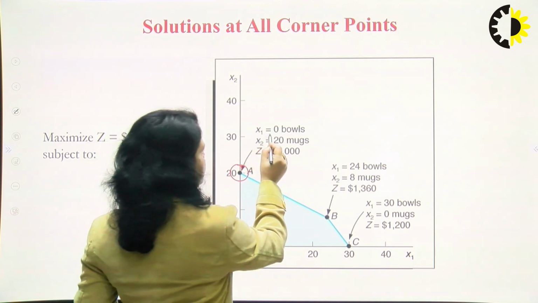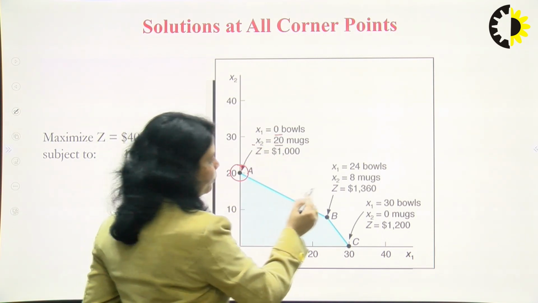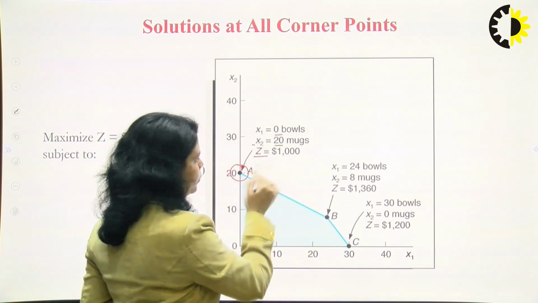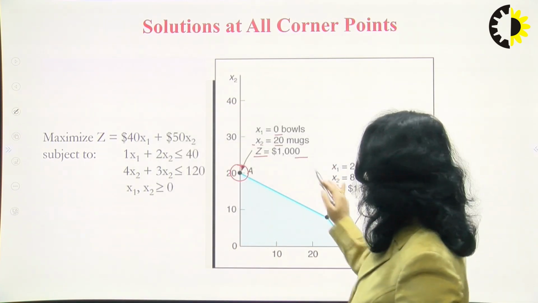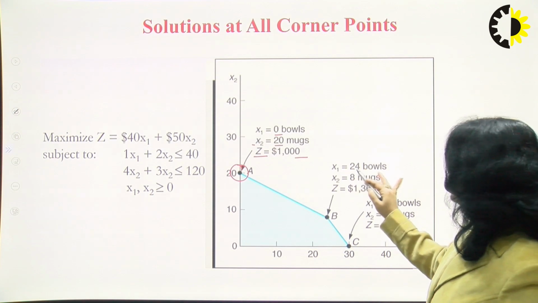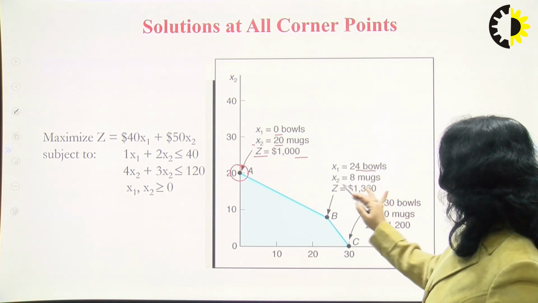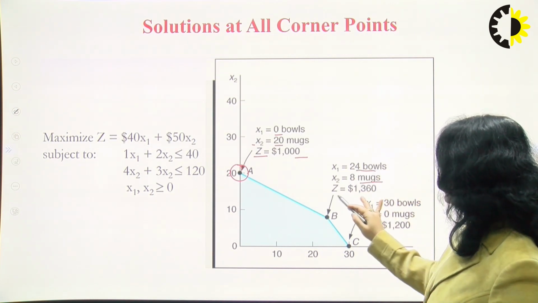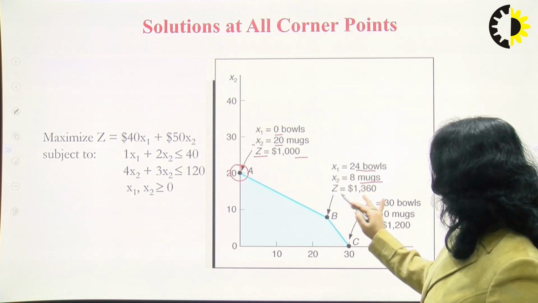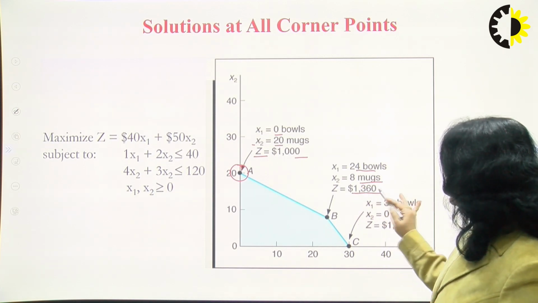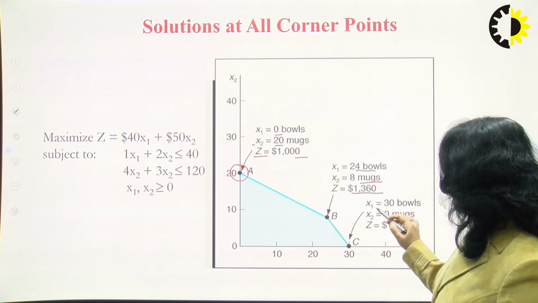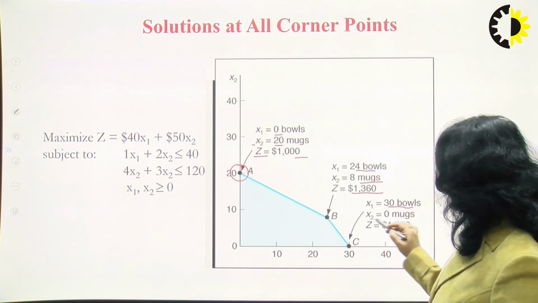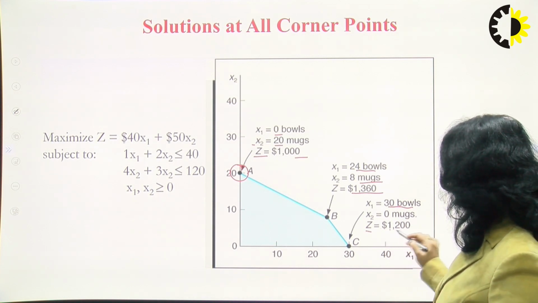Here x1 was 0, x2 was 20, and we get the value of the objective function z as $1000. Here x1 was 24 balls and x2 was 8 mugs, then we get the value of z as 1360.